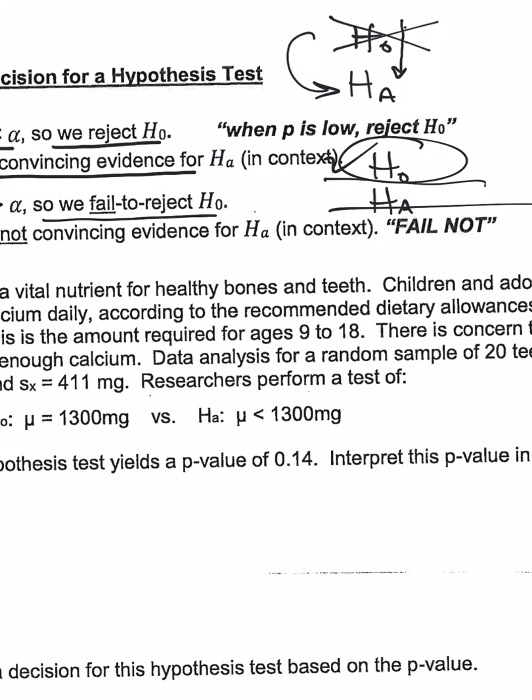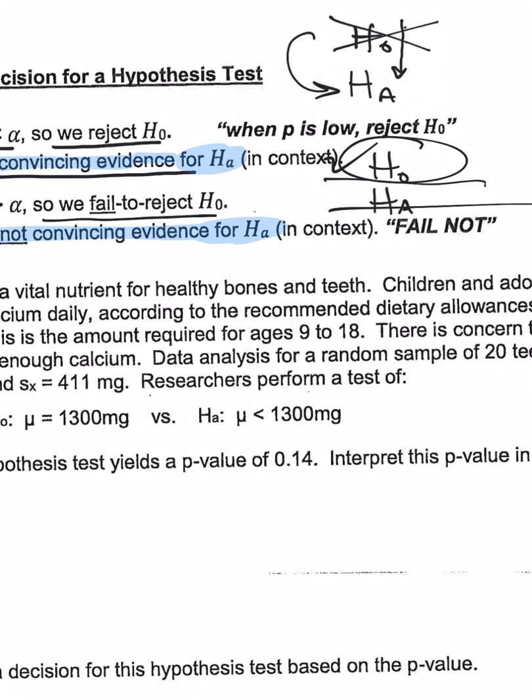HA, isn't it? So the decision part always has to do with H naught. The convincing evidence part always has to do with HA. Does that make sense?